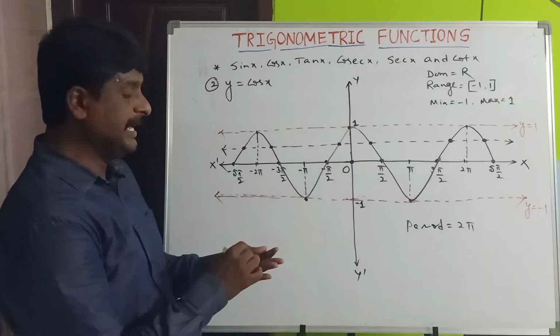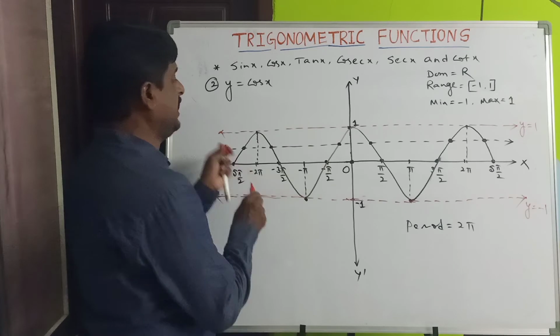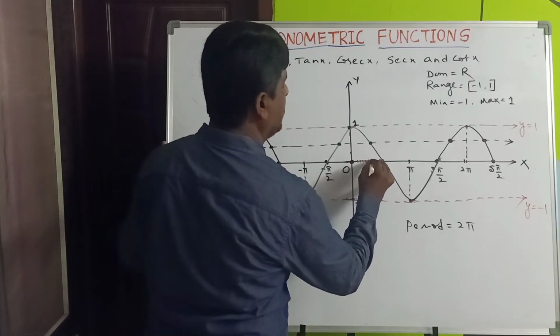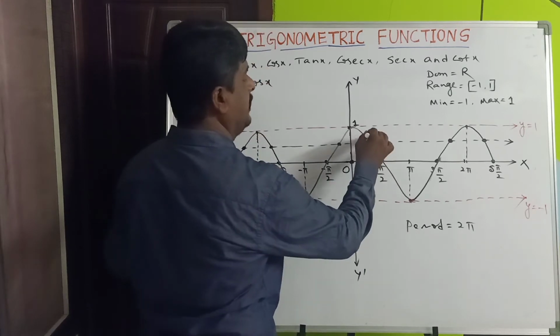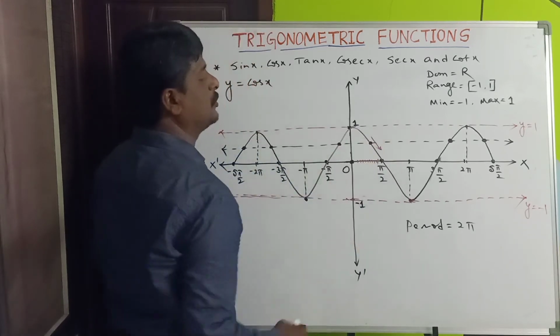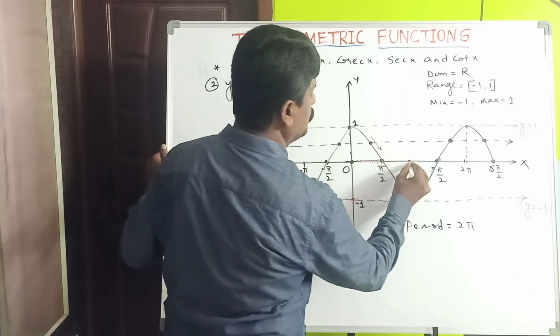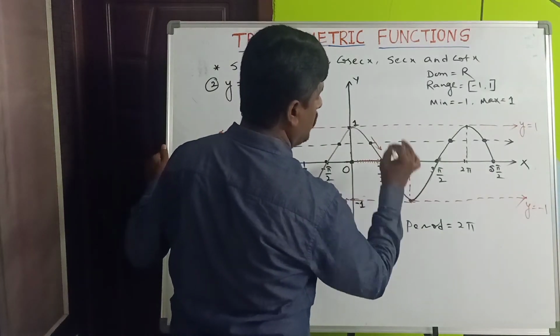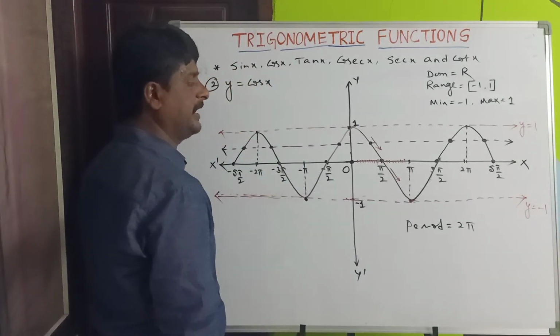What about its increasing and decreasing nature? Observe that from 0 to pi by 2 on the x-axis, x values are increasing, but corresponding y values are decreasing. From pi by 2 to pi, as x values increase, corresponding y values are decreasing.